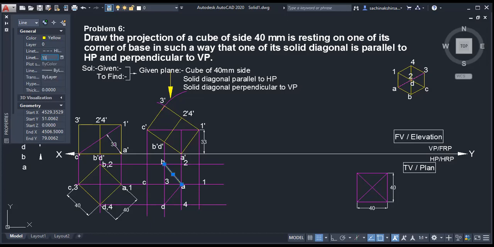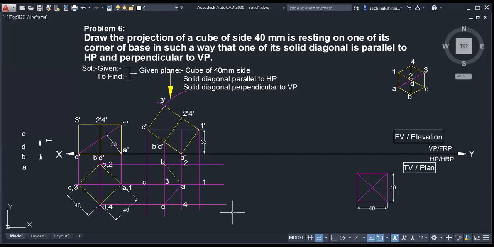Dotted, or we can say hidden. Likewise, you can draw this in this way. Are you observing dotted or hidden? Yes.